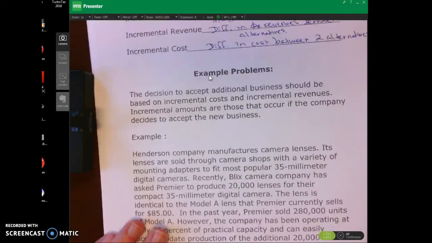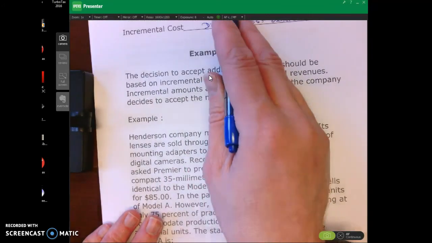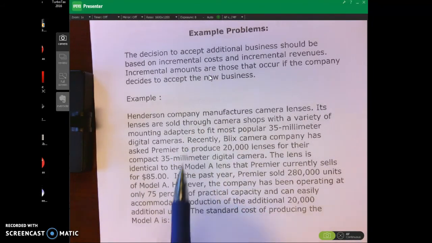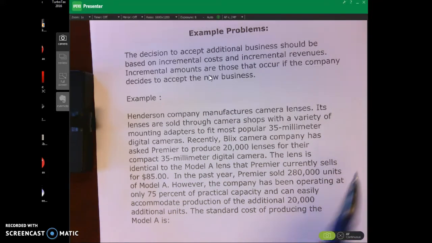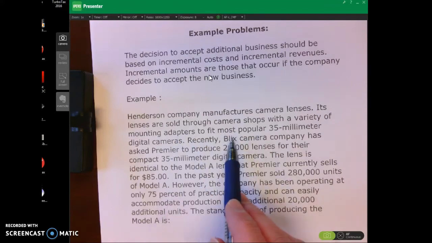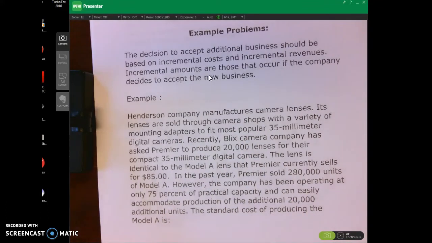So let's look at this example problem that considers incremental analysis. Henderson Company, which is one of my many companies, just kidding, manufactures camera lenses. Its lenses are sold through camera shops with a variety of mounting adapters to fit most popular 35mm digital cameras.